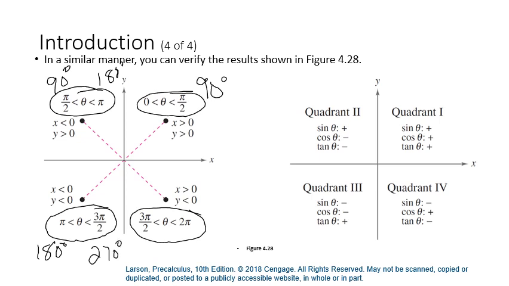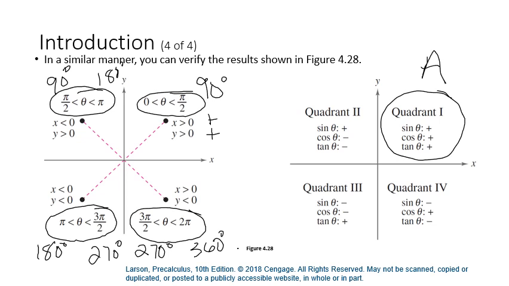And the fourth quadrant ranges from 270 to 360, or 3 pi over 2 to 2 pi. And in the first quadrant, the x's are positive, the y's are positive. So all of the trig functions are positive, because you will always have a positive divided by a positive. So we say A for all.